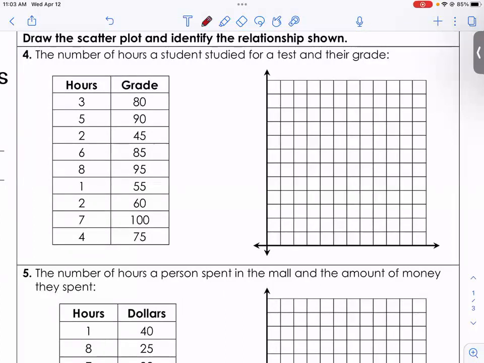Do you see how they're organized in this chart? This is going to be our X and this is going to be our Y. Down here on the X axis, I'm going to write hours, and over here on the Y axis, I'm going to write grade. It looks like we have hours studied anywhere from 1 to 8, so 1, 2, 3, 4, 5, 6, 7, 8.